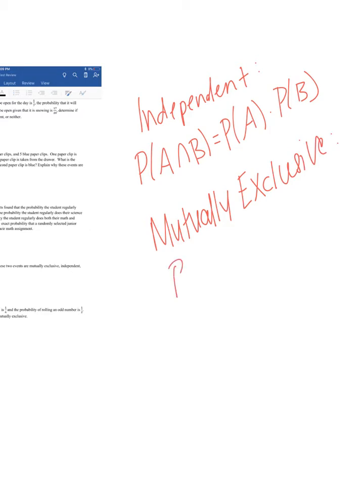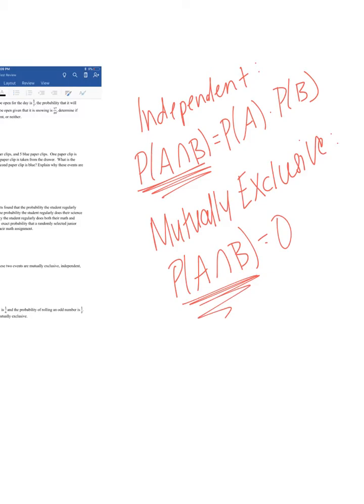So that means that the probability of both of them happening together is equal to 0. So either way, you need to look for this piece. You need to look for the intersection.